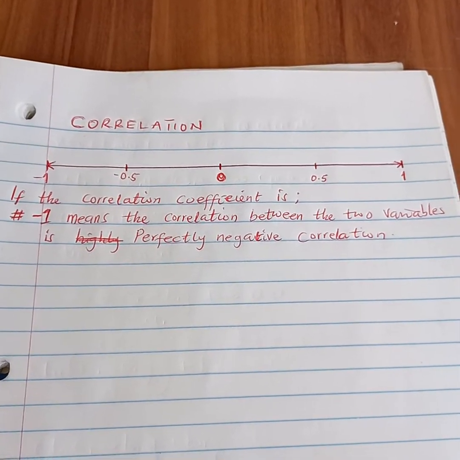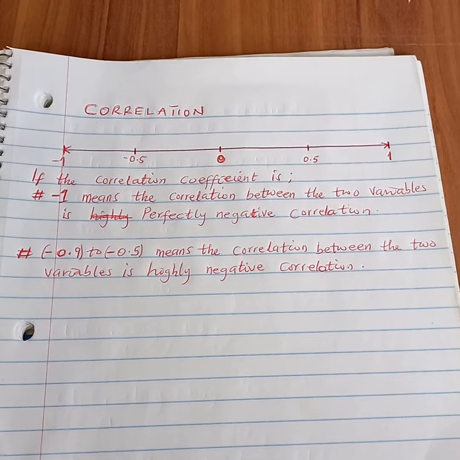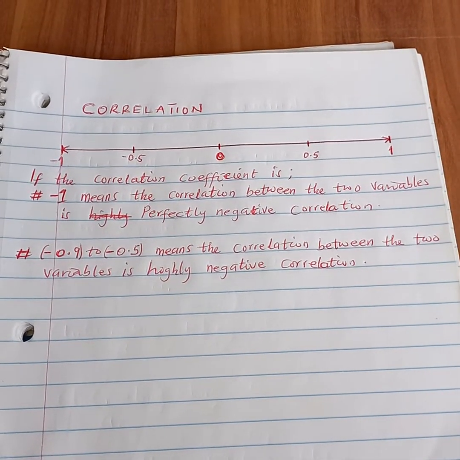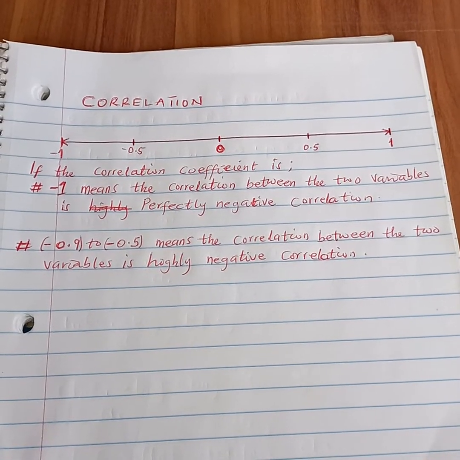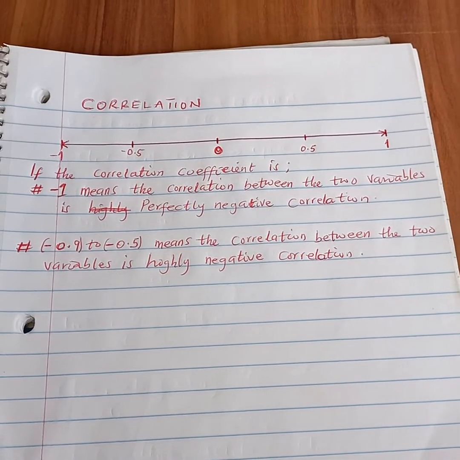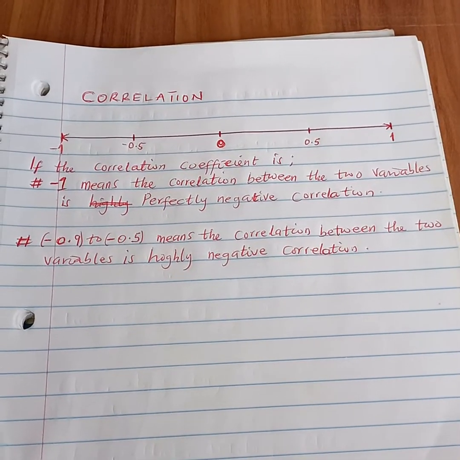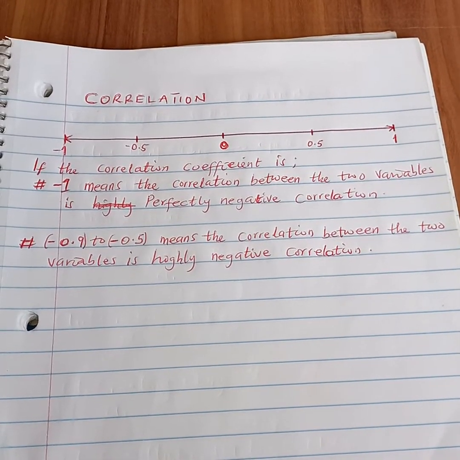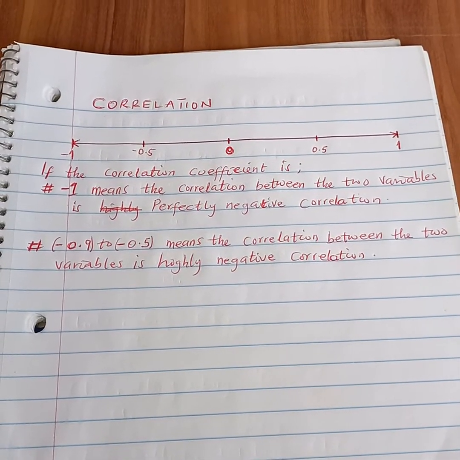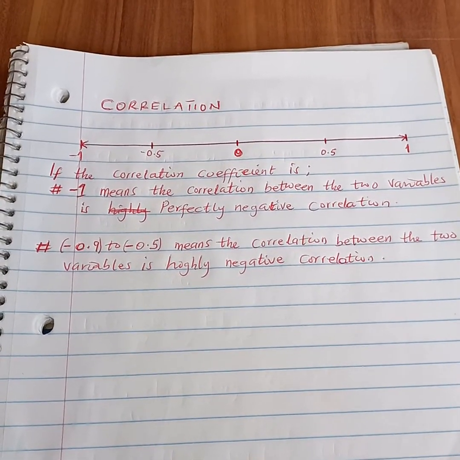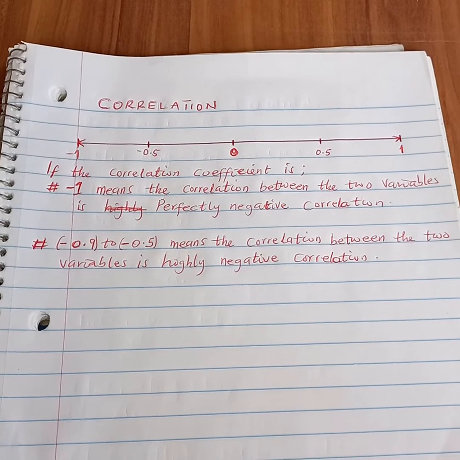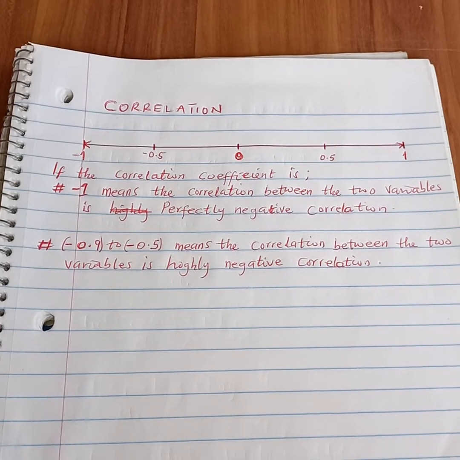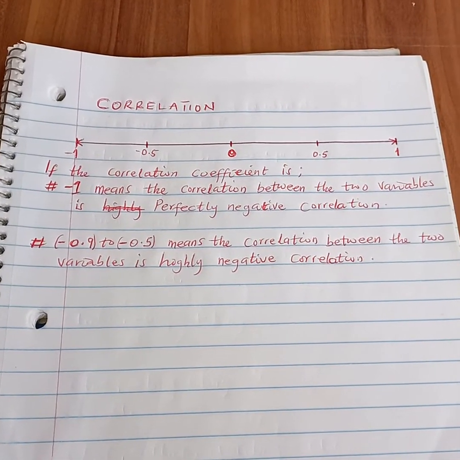Now let's look at the second one. Another rule is also saying that when you calculate the correlation coefficient and the range is between -0.9 and -0.5, then it means that the correlation between the two variables is highly negative correlation.